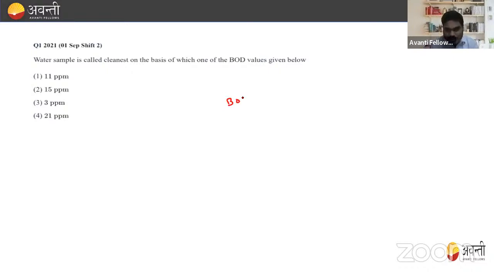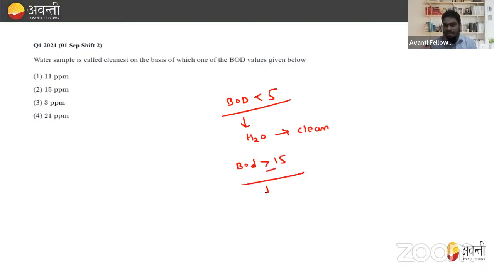And if the BOD is greater than or equal to 15, then the water becomes polluted.